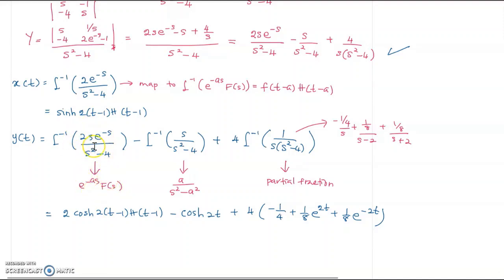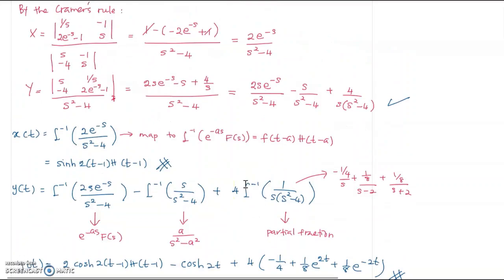How do you get from here to here, and from here to here? At the end you get your xt and yt. What we are looking for is the expression for your x and the expression for your y.